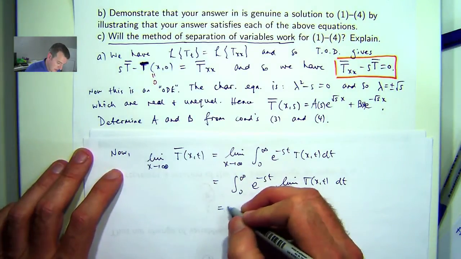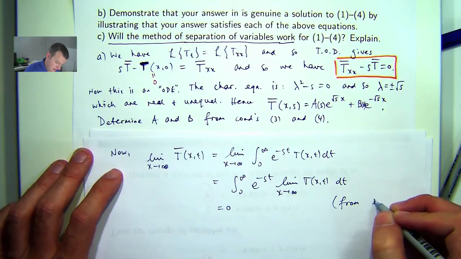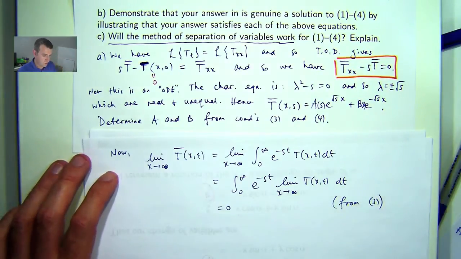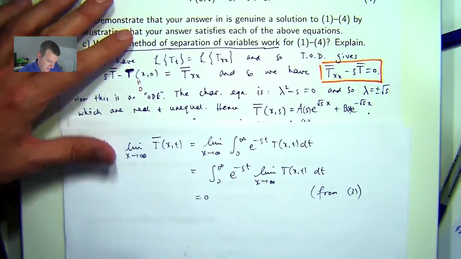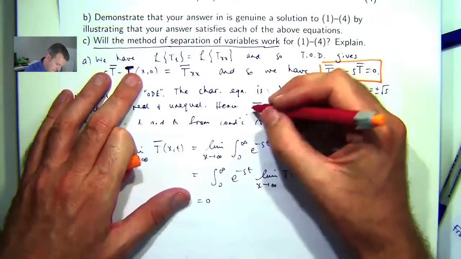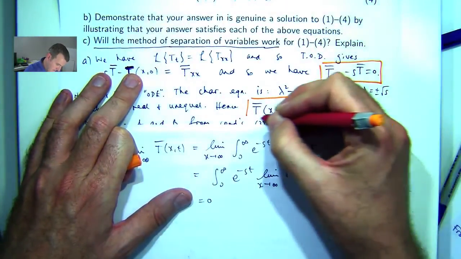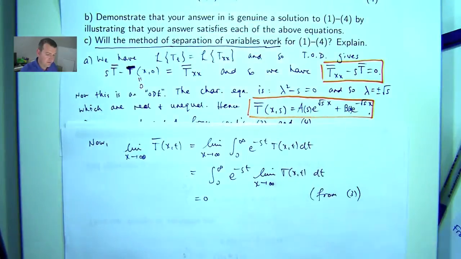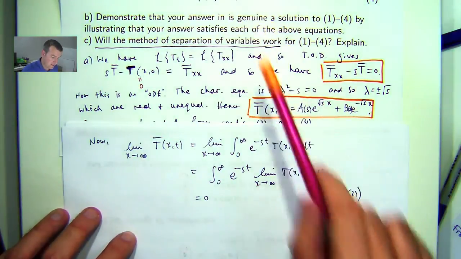Okay? Well, what does this mean? It means that if we go up to my general solution, that I can now calculate one of A or B, essentially because I've produced a new condition involving T bar rather than just T.